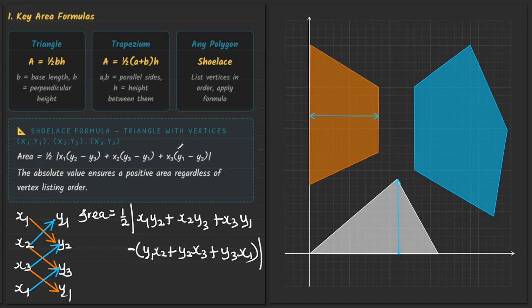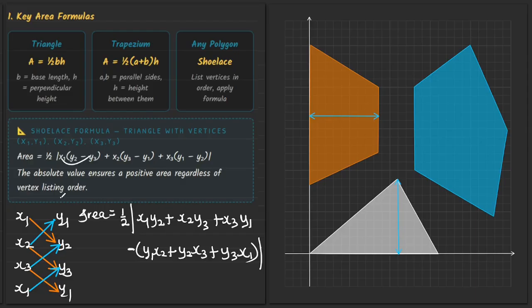But in order to be able to work it without memorizing, this is a very, very simple way. If you are given your coordinates, write them out as I have done here, then do your shoelace and quickly do your multiplication. You realize that if you expand what we have here, you'd get the same thing. So x1 times y2 gives us this.